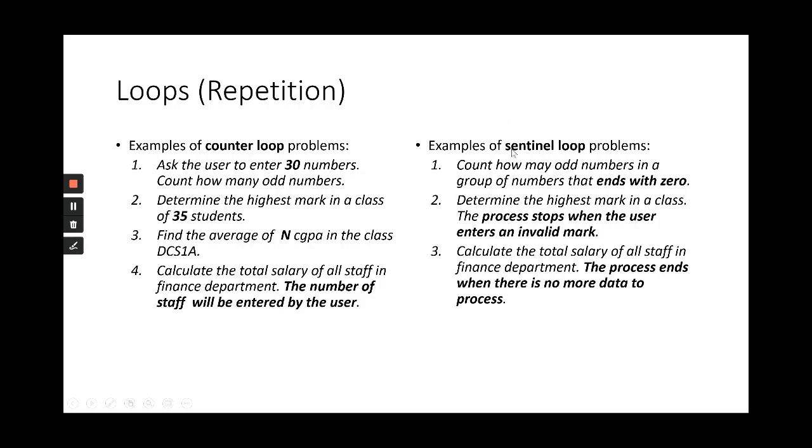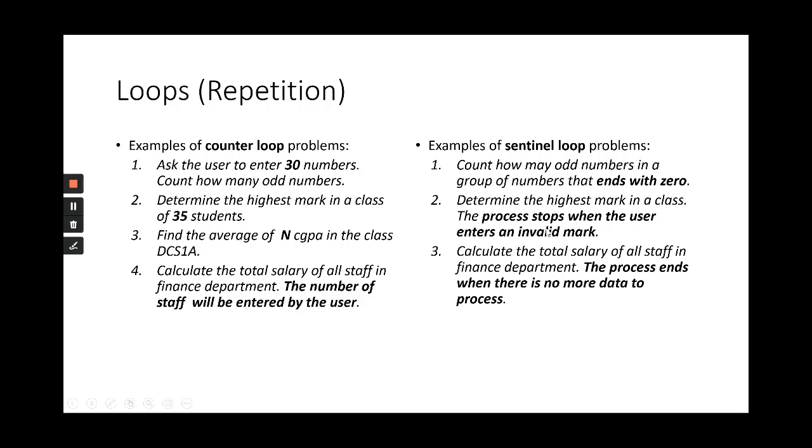Examples of sentinel loops. Number 1, count how many odd numbers in a group of numbers that ends with 0. So we give some condition or variable so that the system will count. Number 2, determine the highest mark in the class. The process will stop when the user enters an invalid mark.